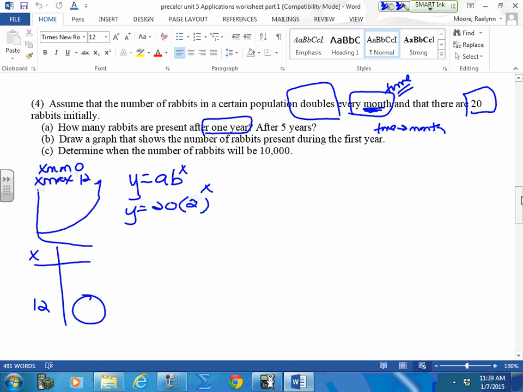After 5 years, what is X? 60. If you put it in your calculator, that's what you're looking for. That part you don't even need your calculator for, because all you have to do is substitute in X equals 12, X equals 60.